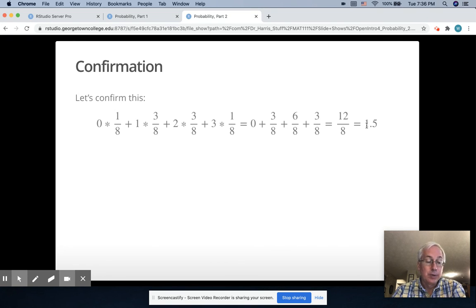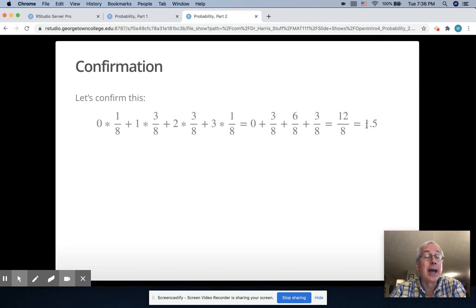So this formula, let's again just take a second to think about this. If I flip 3 coins over and over and over again, what this is saying is that for any individual set of 3 coins, I would expect 1.5 heads.